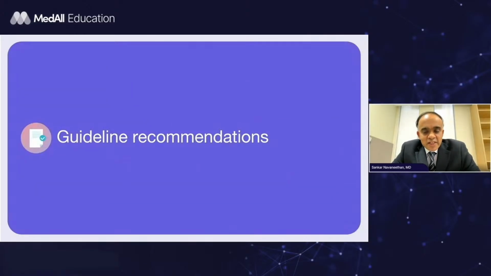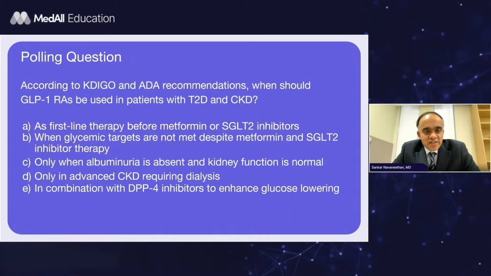What do guidelines recommend regarding the use of these agents? Before we review the guidelines, here is another polling question for you. According to KDIGO and ADA recommendations, when should GLP-1 RAs be used in patients with type 2 diabetes and CKD? Option A, as first-line therapy before metformin or SGLT2 inhibitors.